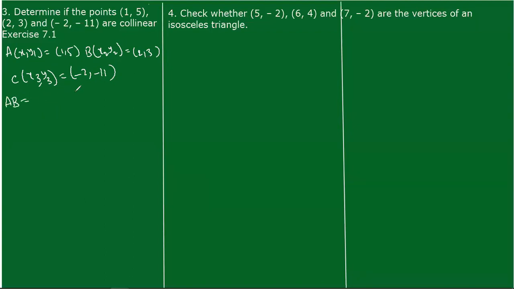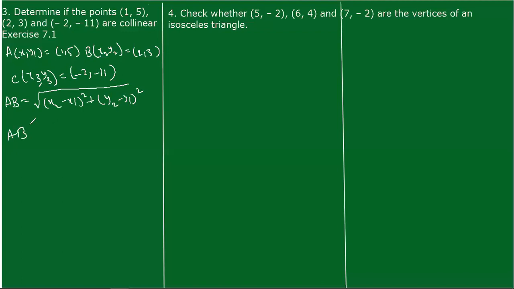I'm directly applying the formula, as you already know it. The formula is the square root of (x2 minus x1) whole square plus (y2 minus y1) whole square.